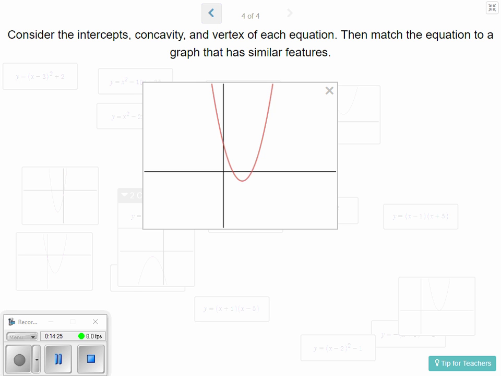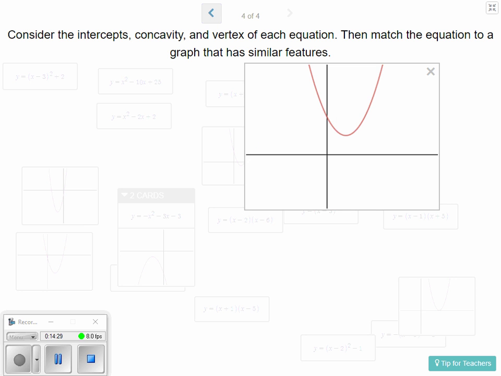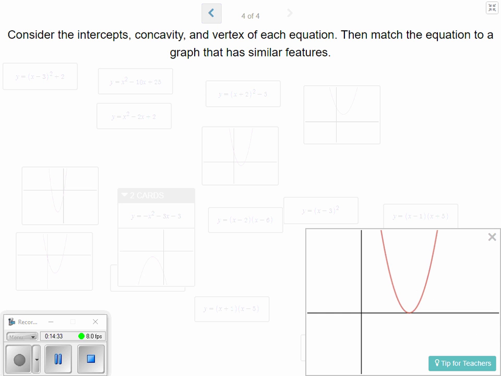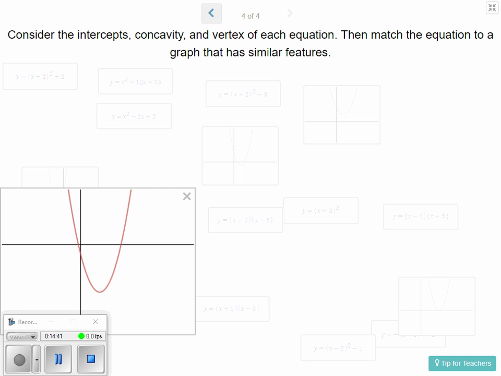Those are both negative, so probably not that one. Does this one even have roots? No, so it's not that one. What about this one? Does that one have roots? Yeah, but it's just got like 1, right? So probably not that one. What about this one? It's got a -1 and a +5. Is that what we want?